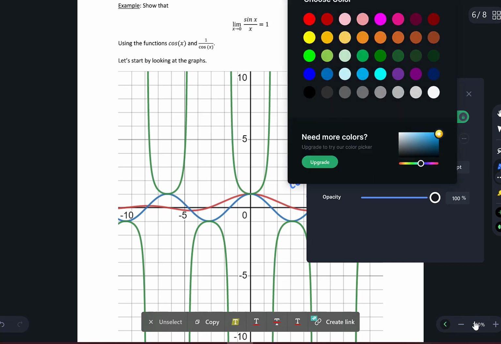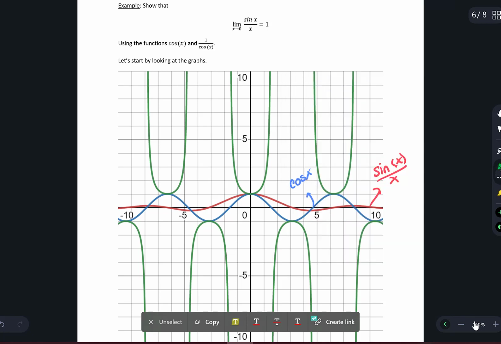And then in the green, this is where we have the 1 over cosine of x. And so we're going to try to use the sandwich theorem to help us. But you might look at this and say, wait a minute, I'm interested in the sine of x over x, but I notice that cosine of x crosses over it. So it's not always less than or equal to sine of x over x, it kind of fluctuates.